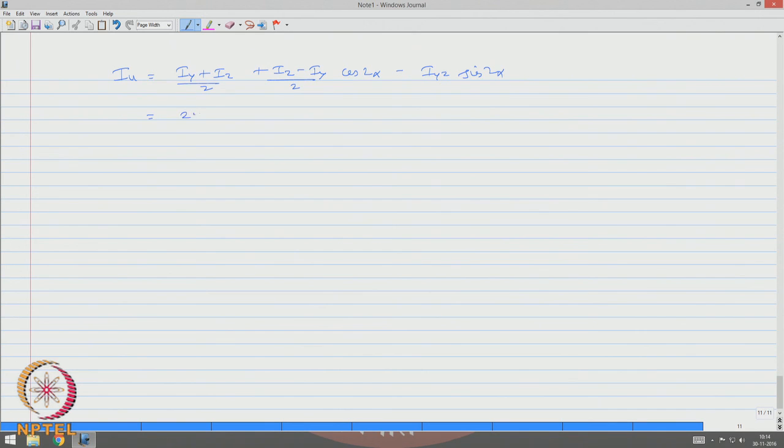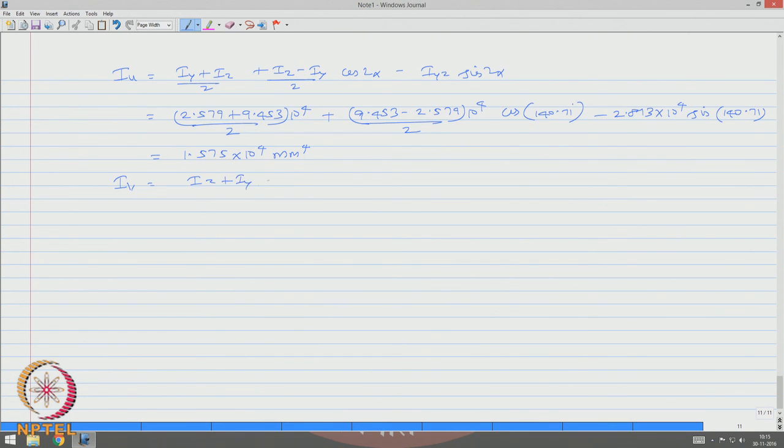One can substitute for the values. cos 2 alpha, so 140.71 degrees, minus I y z, that is 2.813 sin 140.71, which gives I u as 1.575 10 power 4, and I v is I z plus I y minus I u.